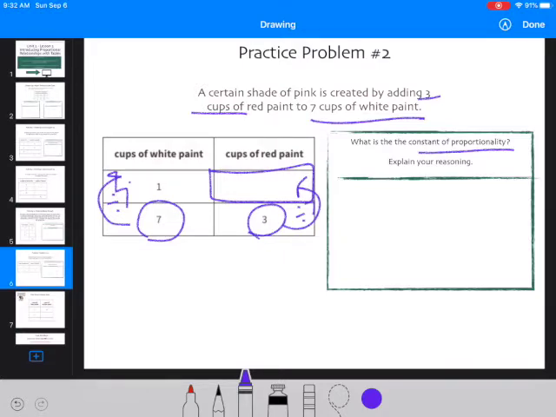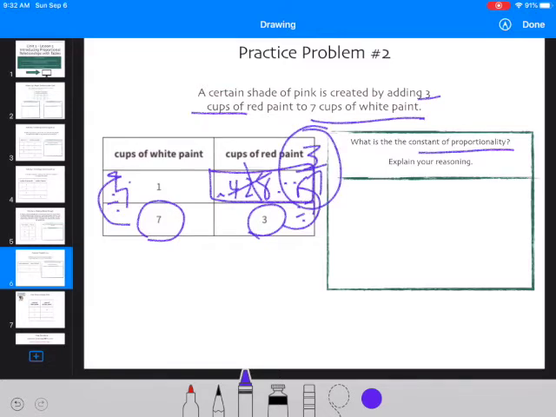So when I do it in my calculator, I'm going to get a crazy number because it's going to have a decimal that doesn't end. It's called an irrational number. So I don't want to use that. I get 0.428 and it keeps going. So I'm going to say that instead it's 3/7.